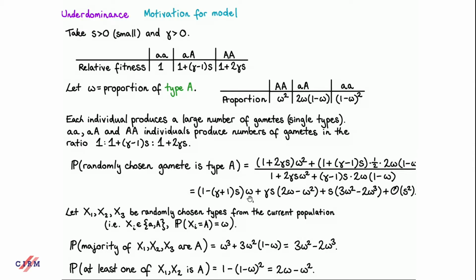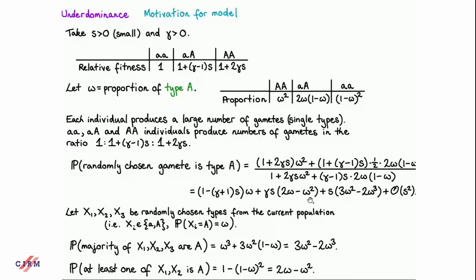The new offspring type will just be a uniformly chosen type from the current population, and so it will be type capital A with probability W. And then instead we're going to have a selective reproduction event that will happen with probability gamma times S. And in one of these selective events, we will pick 2 types from the population, and the new offspring type will be type capital A if and only if at least one of those 2 types is type capital A. So that will happen with probability 2W minus W squared.